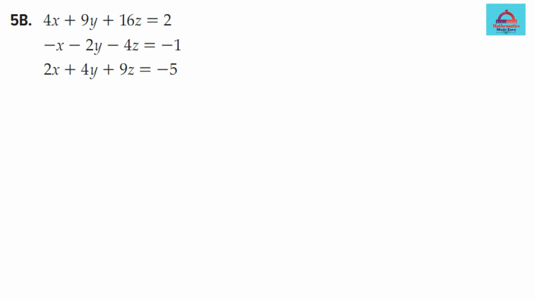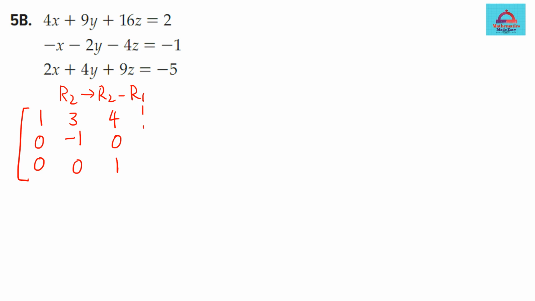Okay, so now we do R2 becomes R2 minus R1, and when I do that, the matrix changes. So the augmented matrix becomes 1 0 0, 3 minus 1 0, 4 0 1, and the coefficients in the augmented matrix also change. Okay.